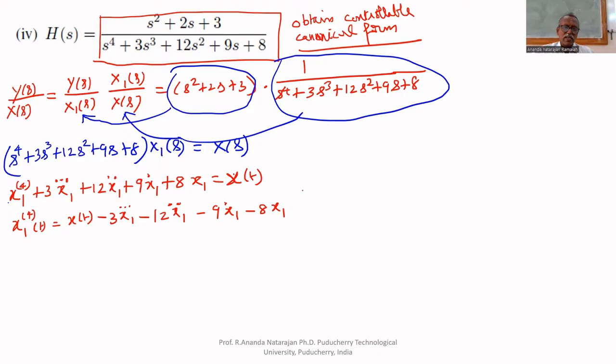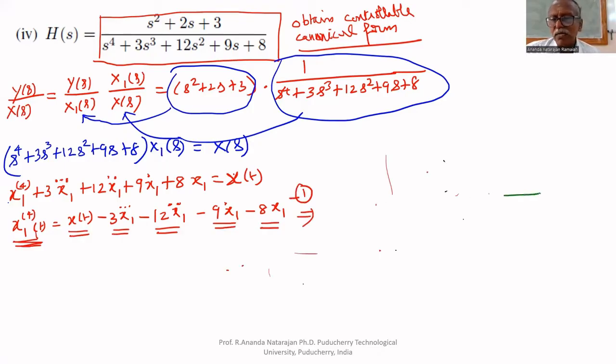This is how it can be simulated. Let us assume that x1(t) is available. If we assume x1(t) is available, we are going to give x(t) as input because it is plus sign.